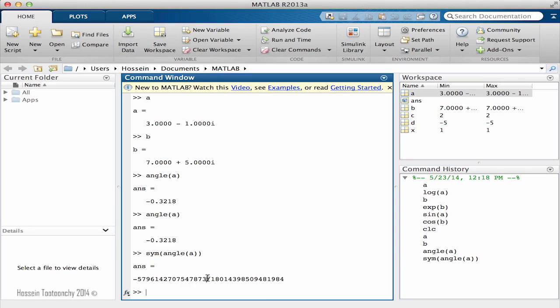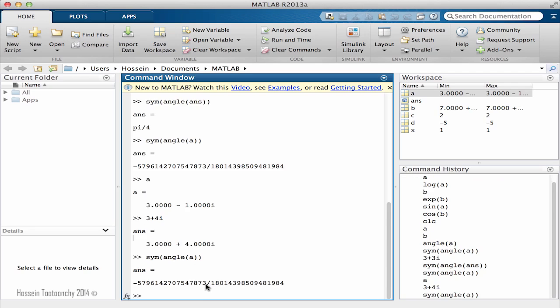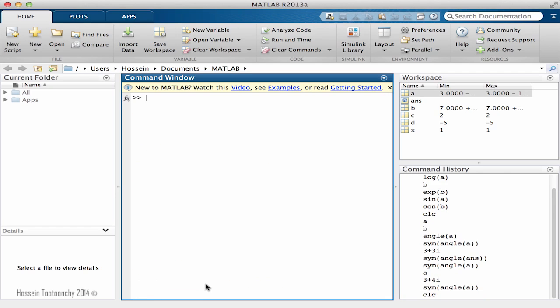It's a very big numerator divided by a big denominator. The reason is MATLAB tried to return the function symbolically, so always keep in mind that passing a function to symbolic can return the values not in decimal but in symbolic form, and here we were dealing with complex functions. And now what I'm going to do is repeat the same thing.